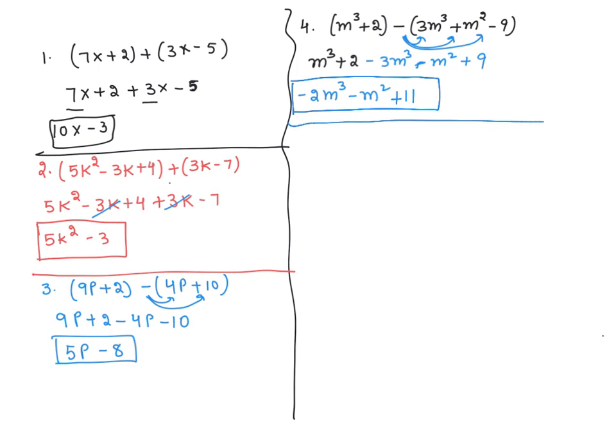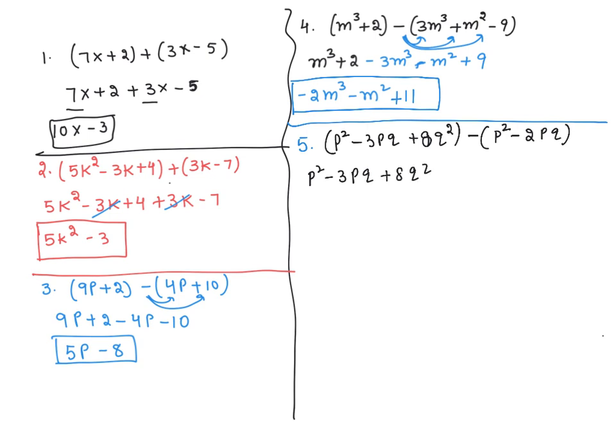Now we're going to do number 5, and the question number 5 is p squared minus 3pq plus 8q squared, and there is a negative sign, and inside the bracket is p squared minus 2pq. Always rewrite when there is a negative in between.